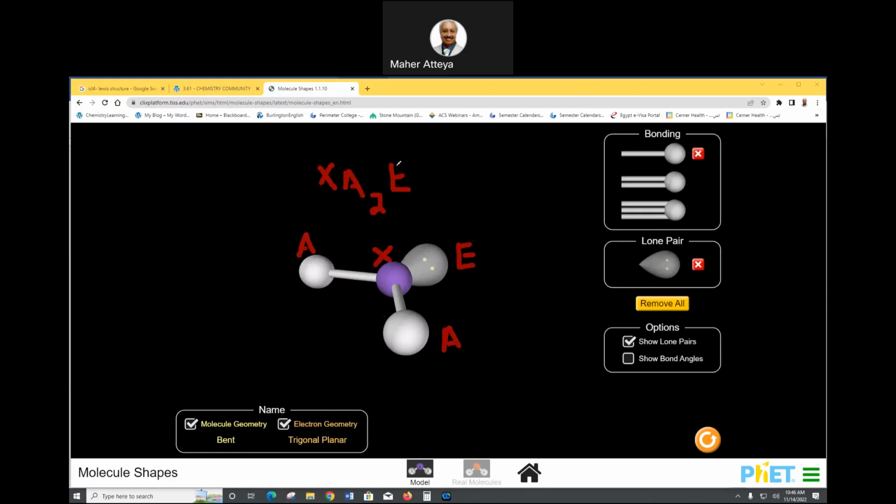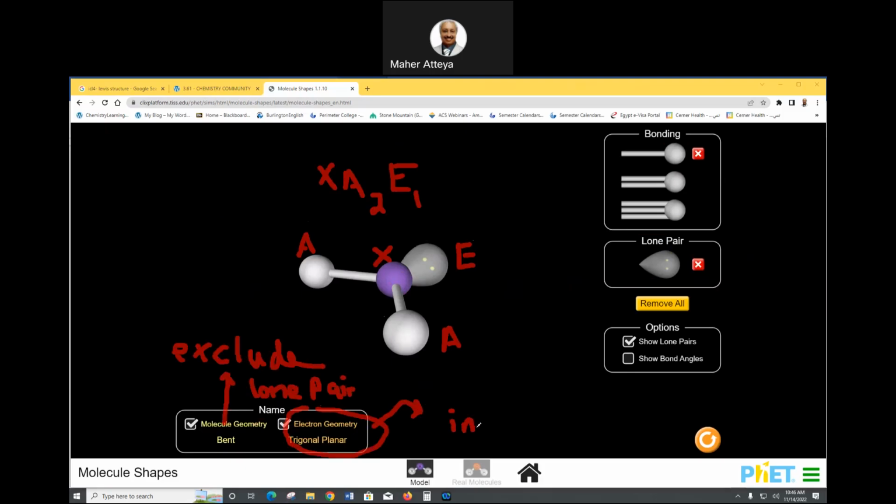How many lone pairs? 1 lone pair, correct? The molecular geometry is bent because I'm excluding the lone pair. So for the molecular, exclude the lone pair, take it out, correct?